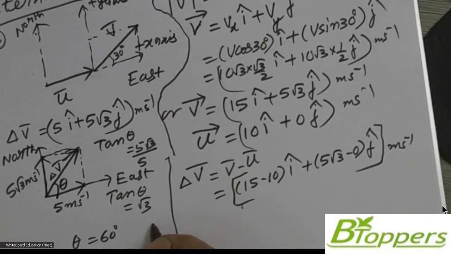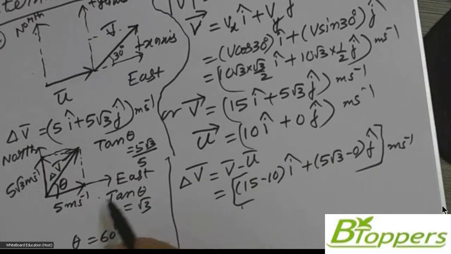That means the change in the velocity vector makes an angle of 60 degrees with x-axis, means 60 degrees with east. So you can say direction of change in velocity is 60 degrees north of east.